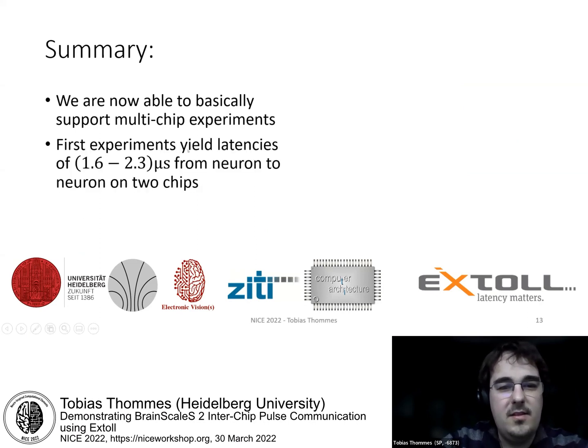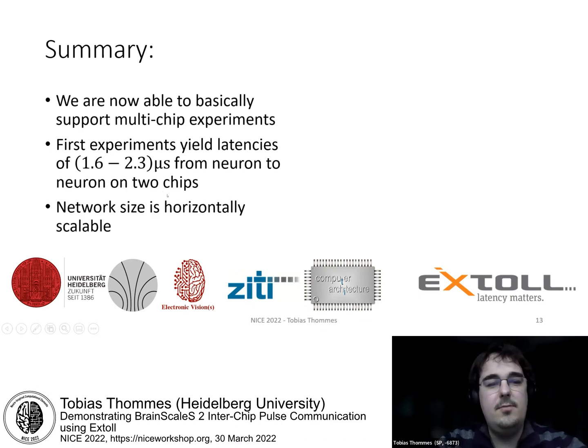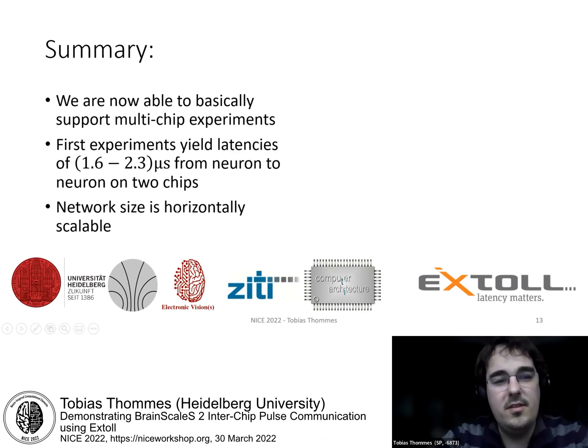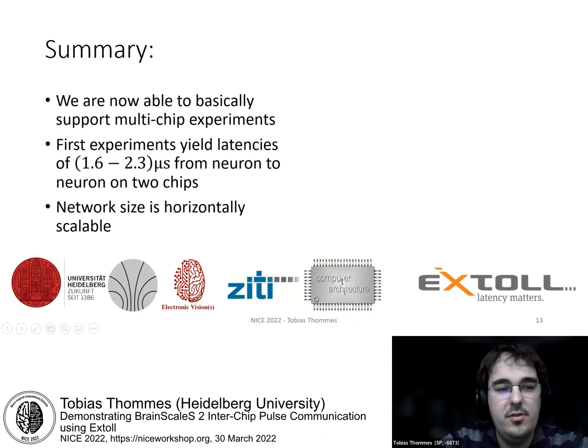And first experiments yield latencies of between 1.6 and 2.3 microseconds from neuron to neuron on 2 chips. And the network size is horizontally scalable, so we can scale this up to more neurons and chips easily.